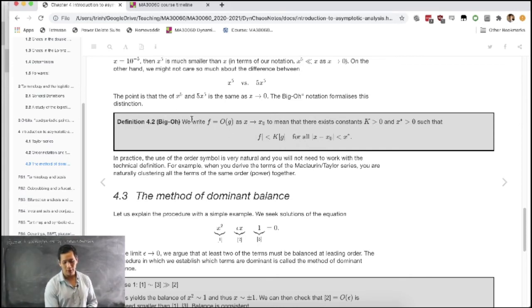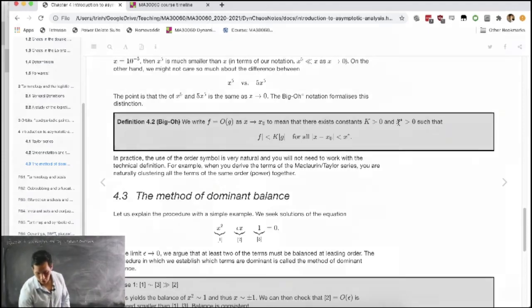Definition 4.2, big O. We write that f is equal to O of g, big O of g, as x tends to x naught, to mean that there exist constants k greater than 0 and x star greater than 0 such that the magnitude of f is bounded as less than k times the magnitude of g for all x with the magnitude of x minus x naught less than x star. Okay? As I stated, we're not going to be working with that definition of big O. There's a much more intuitive notion of big O that we'll work with.